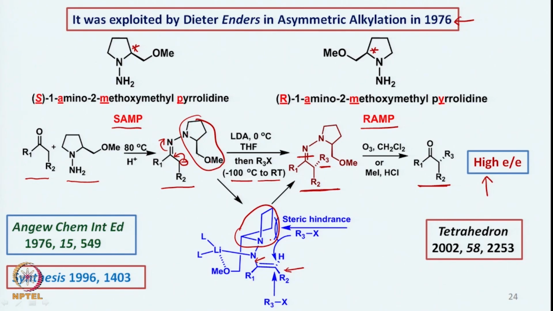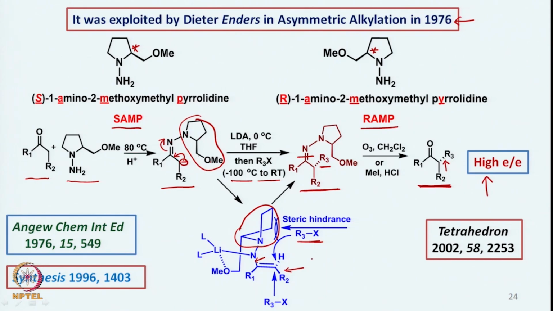and then as you can see the double bond is ready to react with an electrophile R3X, but whether the electrophile comes from the top or from the bottom is the one that will determine whether the reaction gives R3 in alpha orientation or beta orientation.